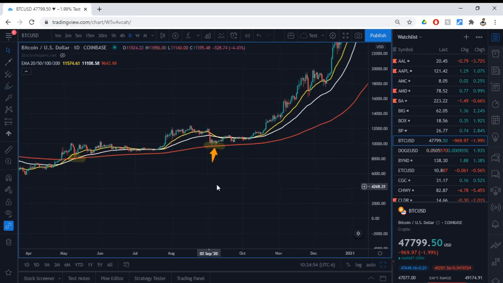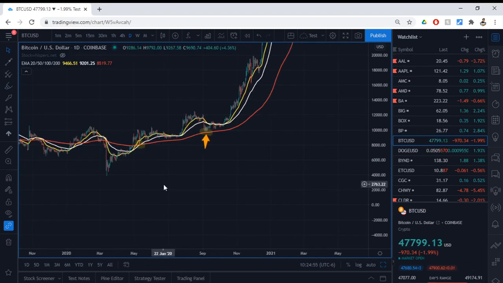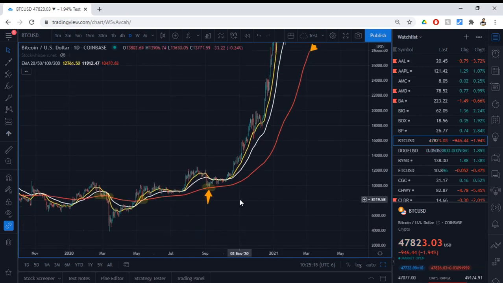So as you see here, you have maybe in the last year two entries. I mean, you could have even tried here. You had two entries into Bitcoin when the moving averages were stacked. Now, what do I mean by moving averages stacked?